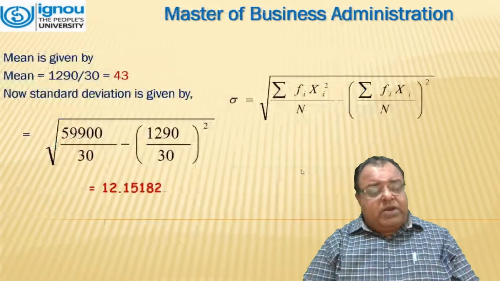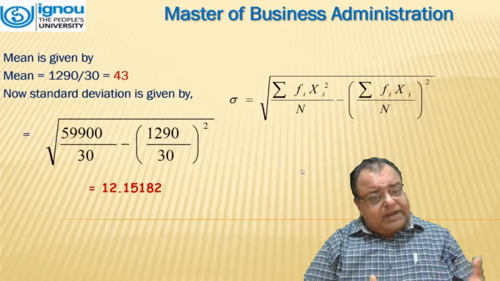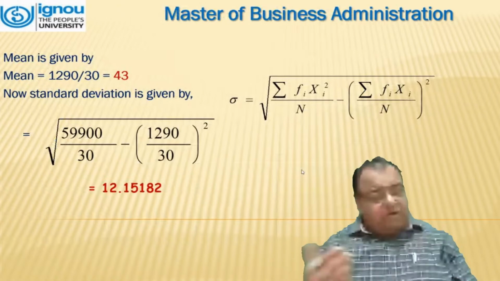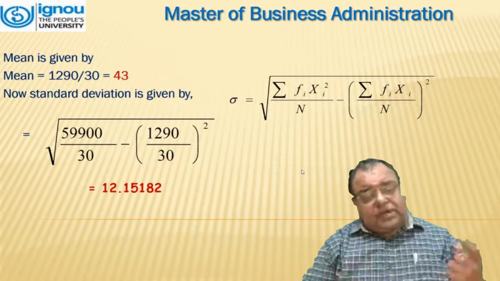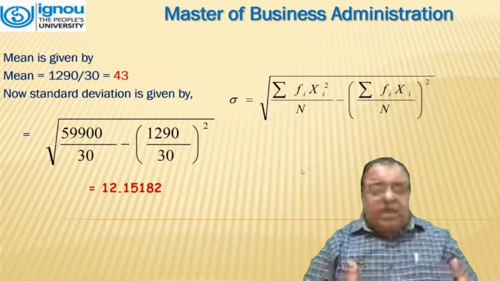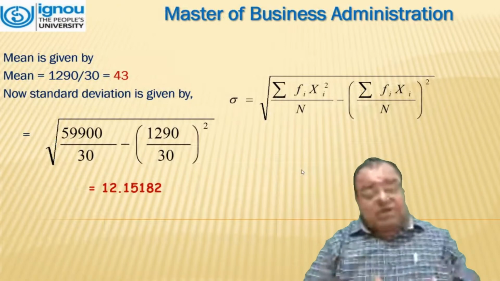So we are going to get the mean, summation of fx by n, that is 1290 divided by 30. That is 43. Now we will be using the formula for standard deviation. Since the data was small and the frequency numbers were small, we do not use any deviation in this.